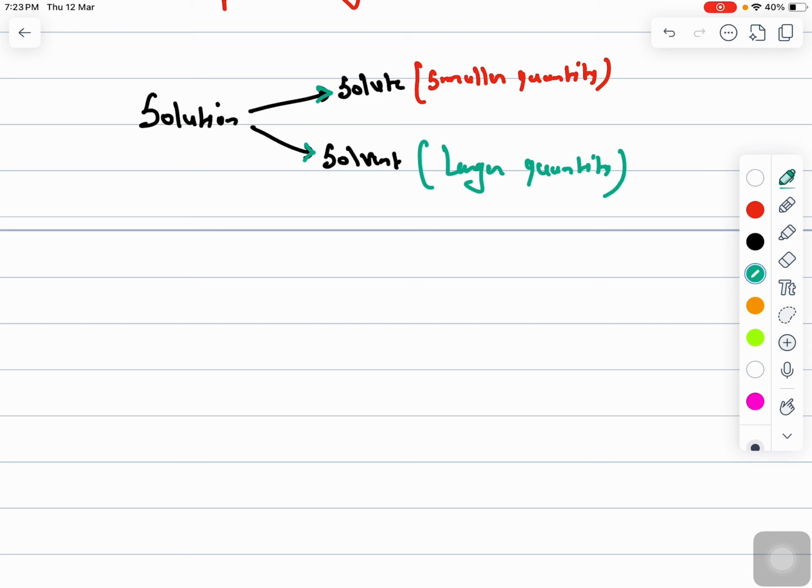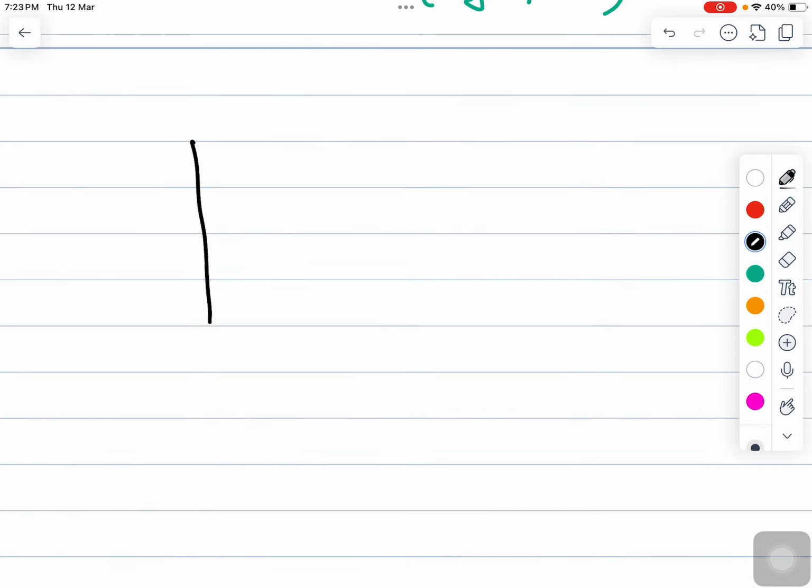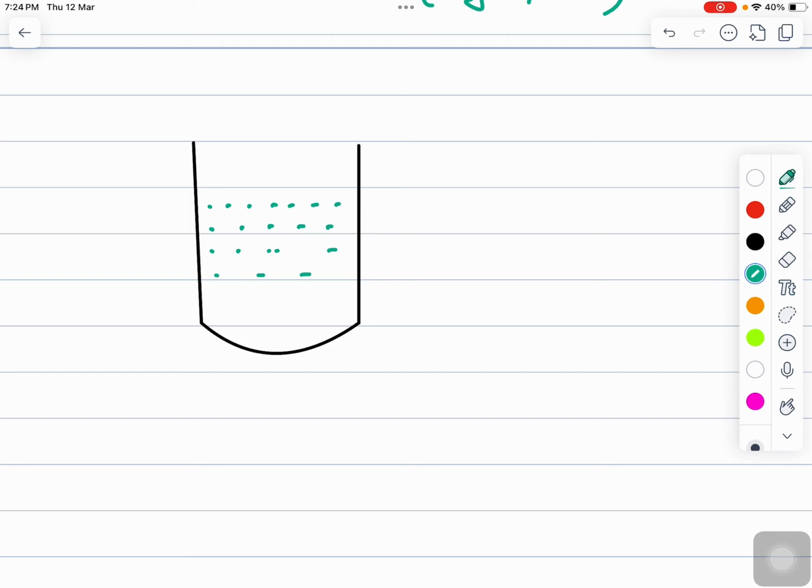So in addition to different methods of expressing composition, as we have already studied earlier, the concentration of solute in a solution can be expressed as parts per million, molarity, normality and so on. So here I will be talking about when we have a solution which is made up of solute and solvent, how we can calculate the concentration, and how you can quantitatively tell what the concentration of solute in the solution is.